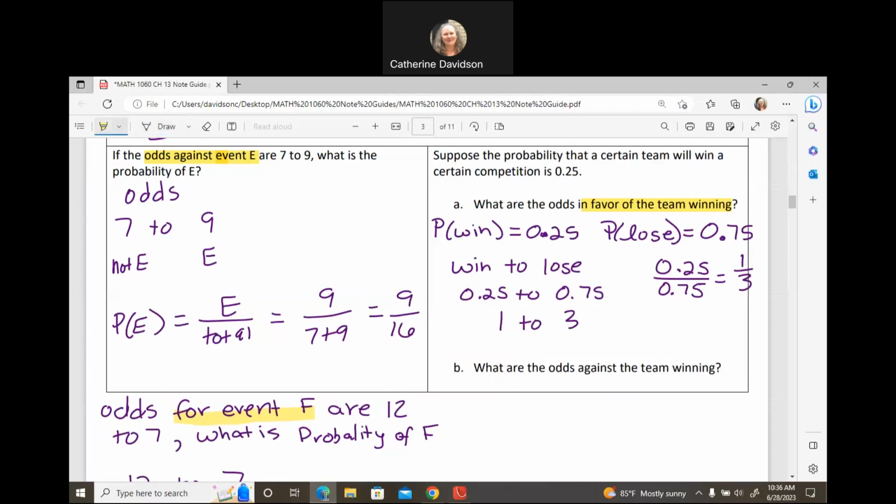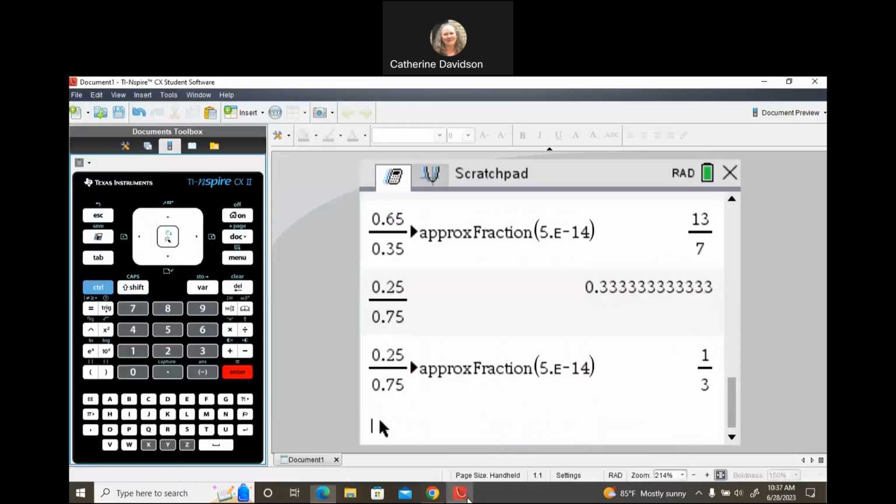So what are the odds against the team winning? We want a ratio of the losses to the wins. Probability they lose is 0.75. They win is 0.25. So let's put that in the calculator.